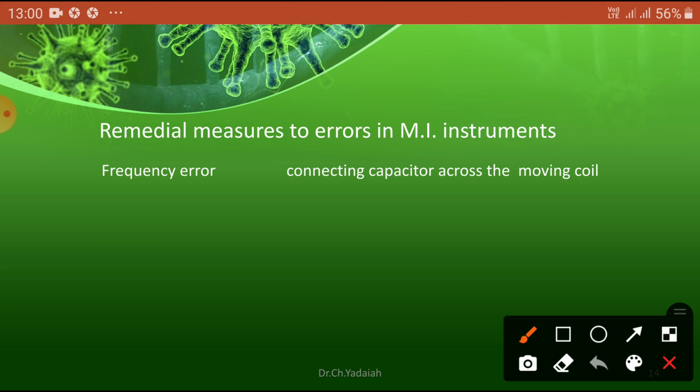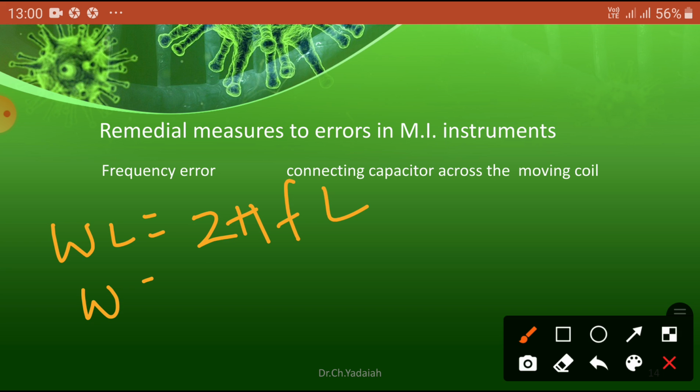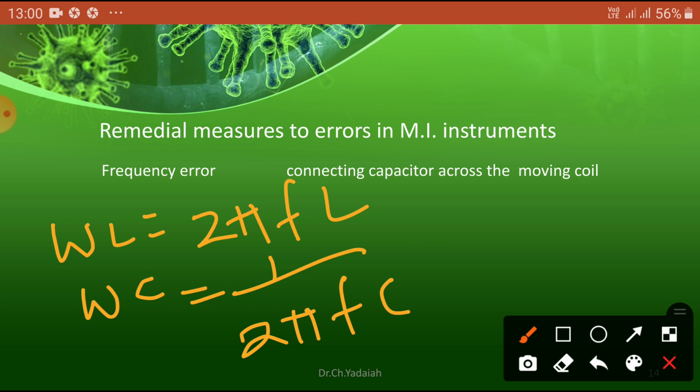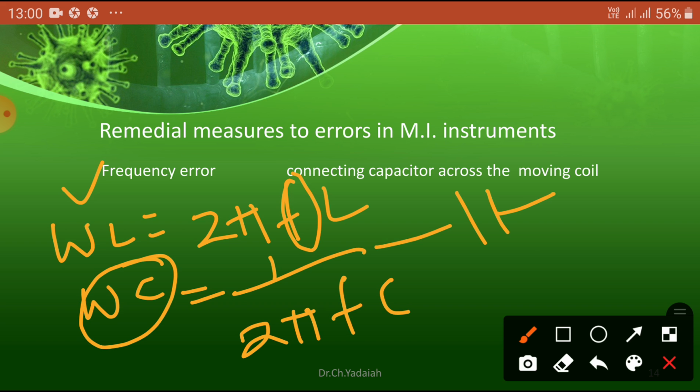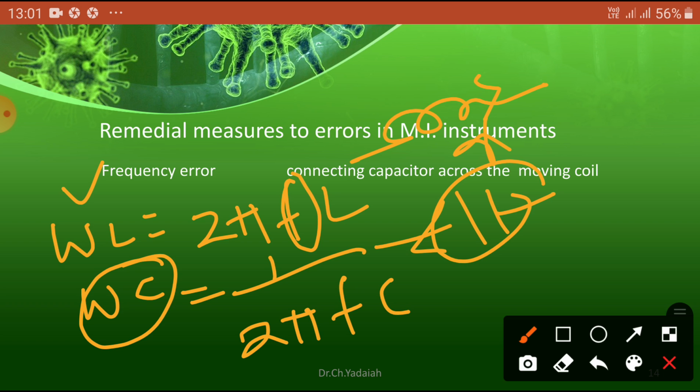Correspondingly, when the frequency changes, we know the effect. Here omega L is equal to 2 pi f L, and omega C, that is, 1 by omega C, is equal to 1 by 2 pi f C. When the frequency changes, the inductive reactance changes in one direction and the capacitive reactance changes in the other direction, so they nullify each other and the error is minimized.